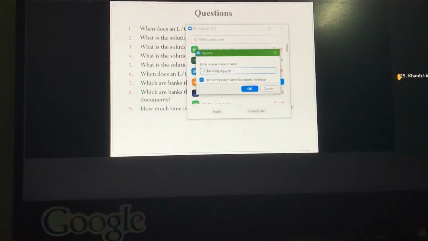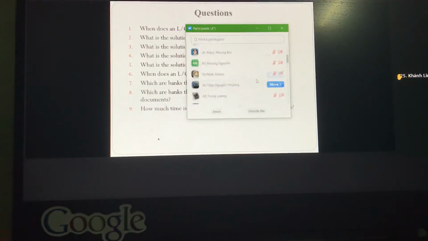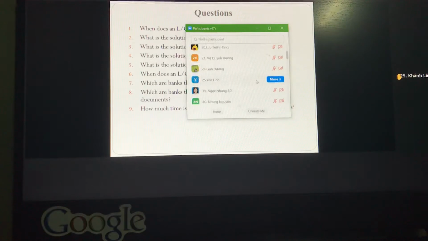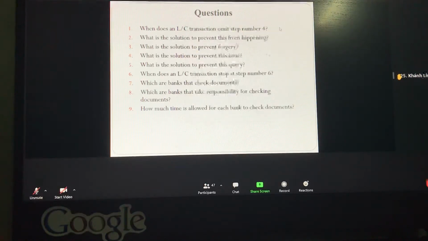Okay. Question number 1: when can the LC transaction omit step number 4? In the previous lesson, we studied that step number 4 is the exporter checking the content of the LC.